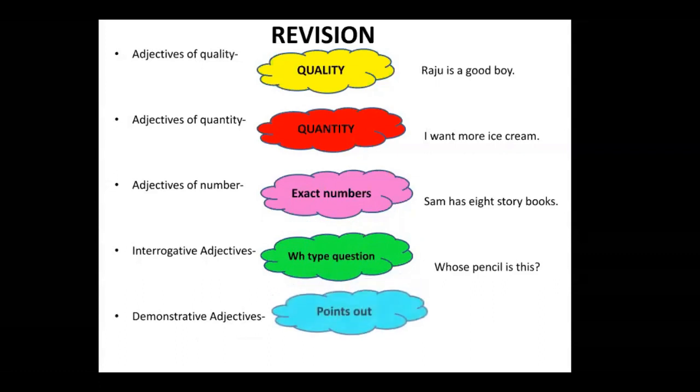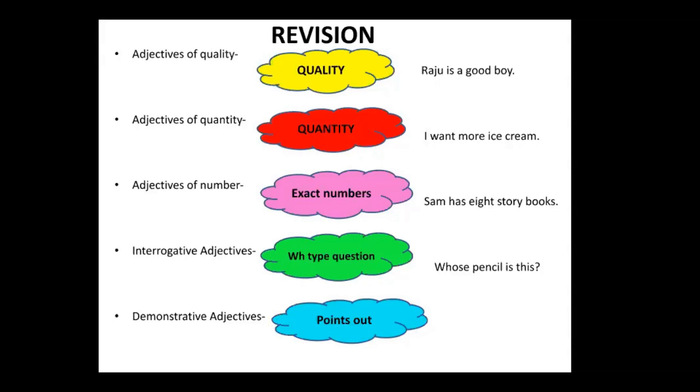These are the words which point out the object, the noun, animal, things, and the objects. Example, those are my clothes. See the word those, it is pointing out the thing clothes. So here the word those is a demonstrative adjective.